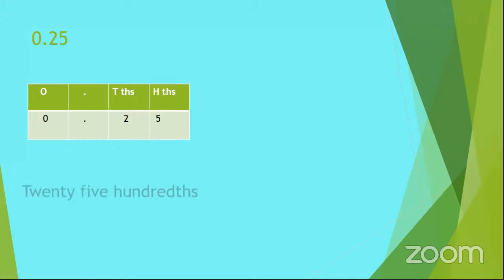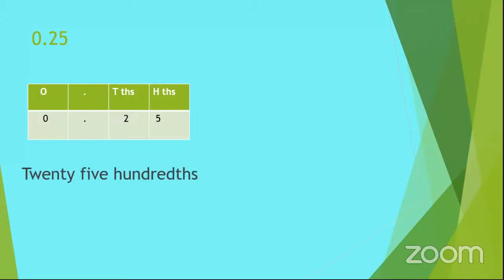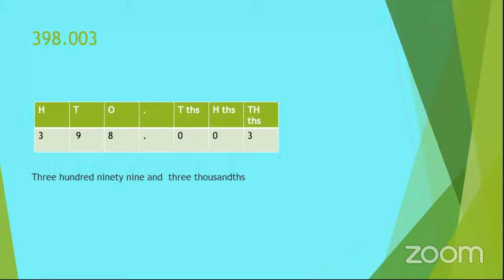We can also see another one here. We have 398.003. So what we do, we give place values to all the digits. We have 8 under ones, 9 under tens, and 3 under hundreds.